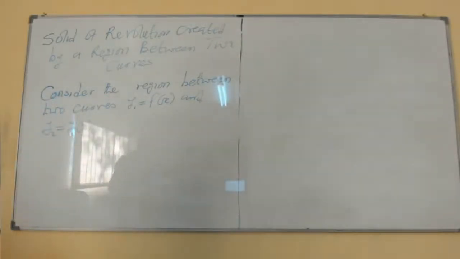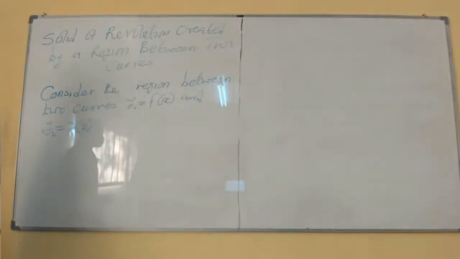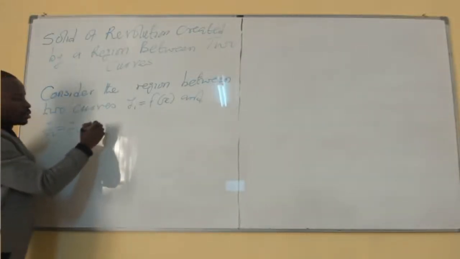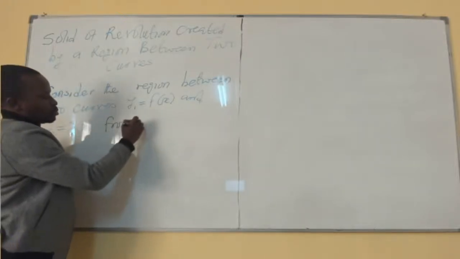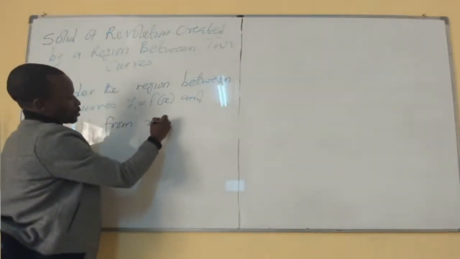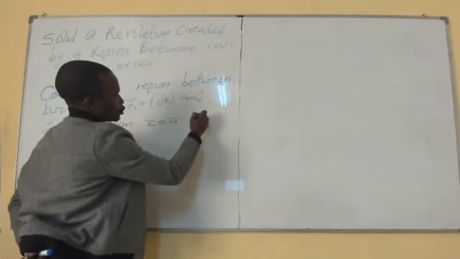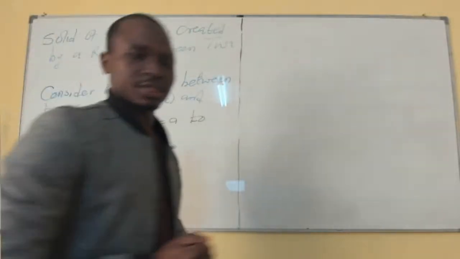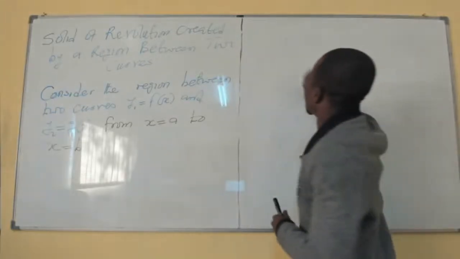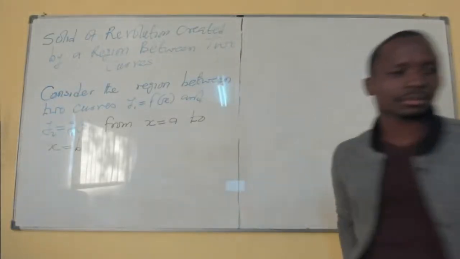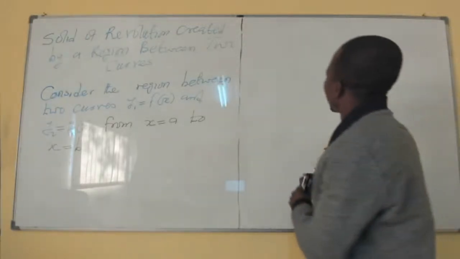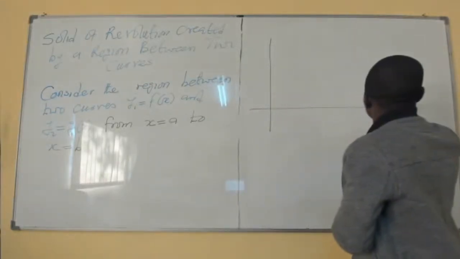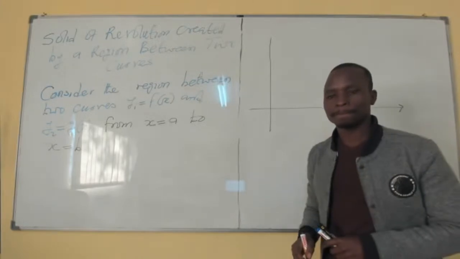From x equal to a to x equal to b. Let me sketch this region so that we are able to see it. We have this region.